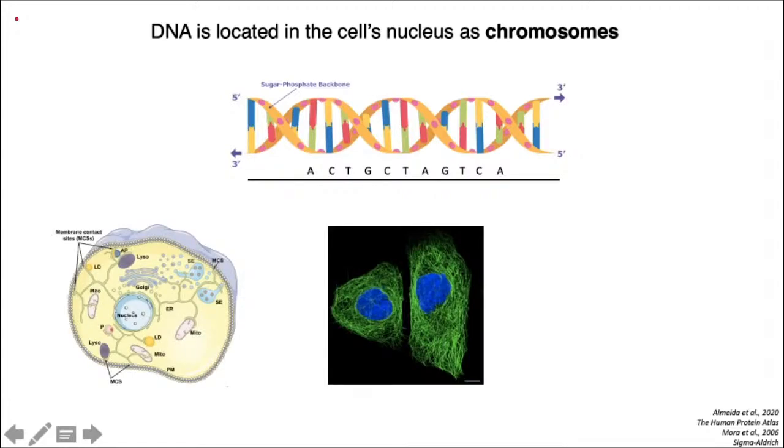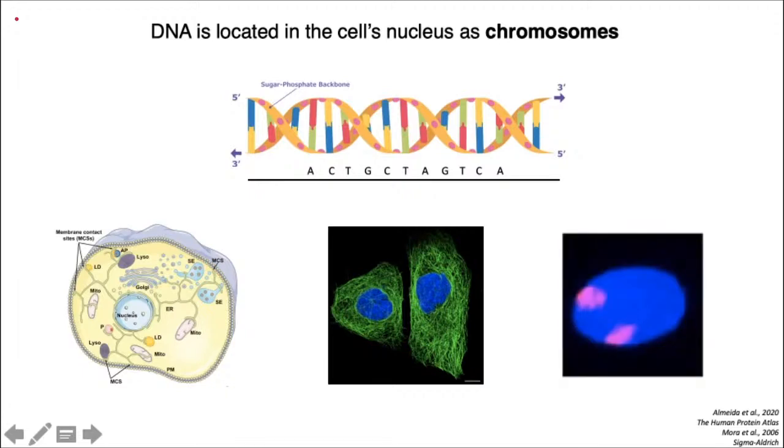By doing experiments in the lab, you can actually observe the DNA under the microscope. We can use a chemical that makes the DNA shine under the microscope. This is represented here, where you have two cells where the DNA is in the blue area.